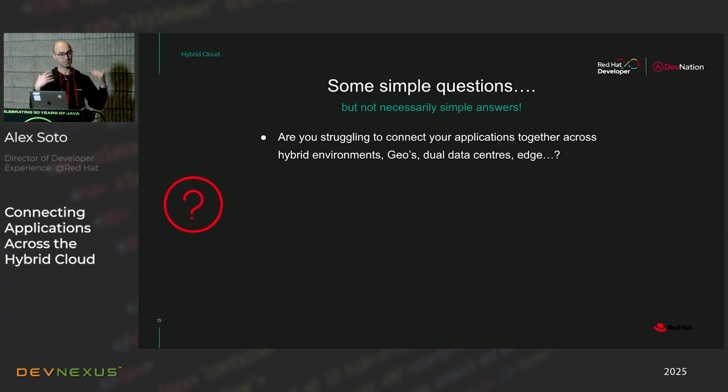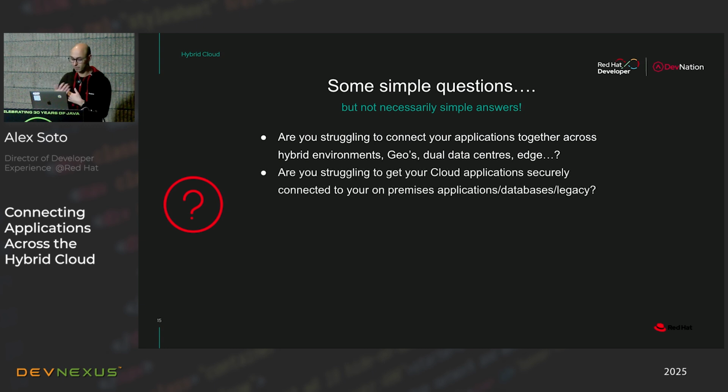Maybe I've got all my applications in Amazon, but one application running in one region and another application running in another region, and I need to connect them. Why would I need different regions? Sometimes it's because of performance, and sometimes it's because of laws that don't let some data get out of the country borders, and things like that.